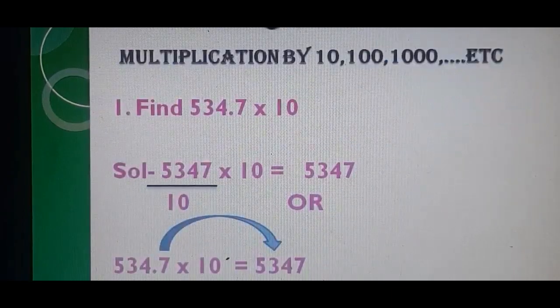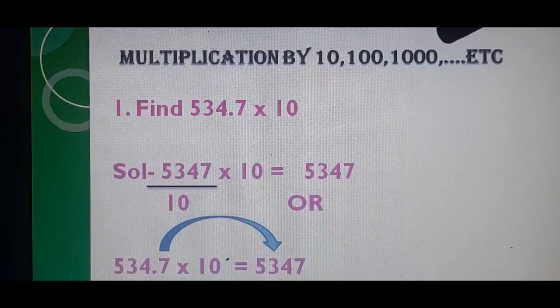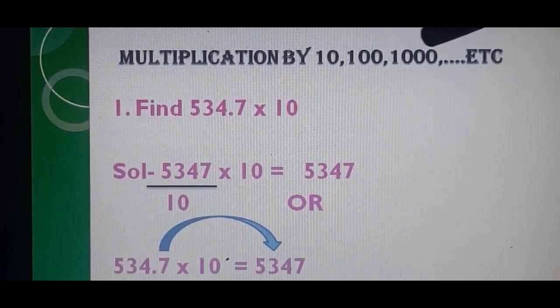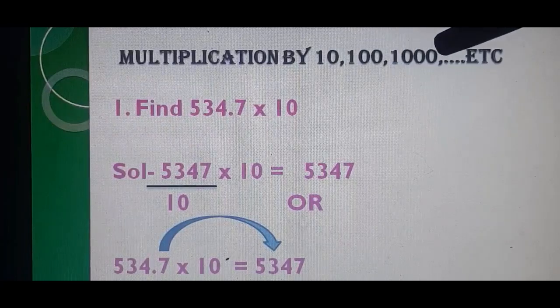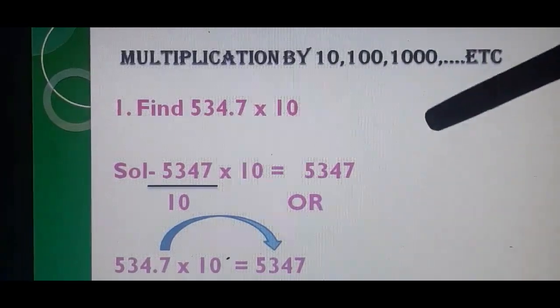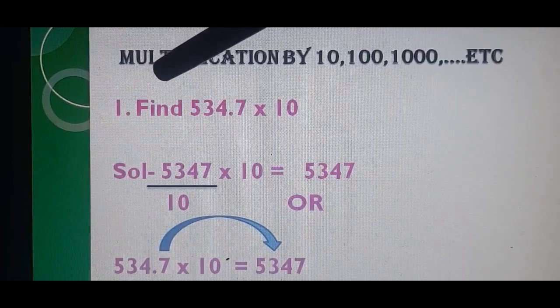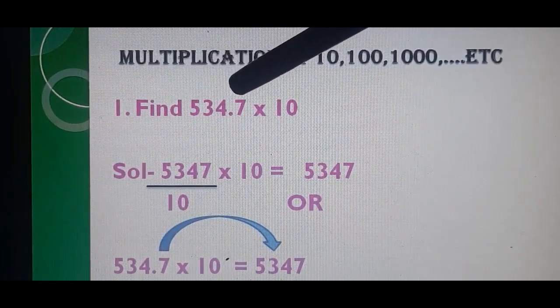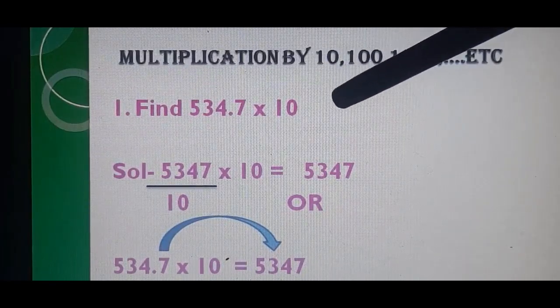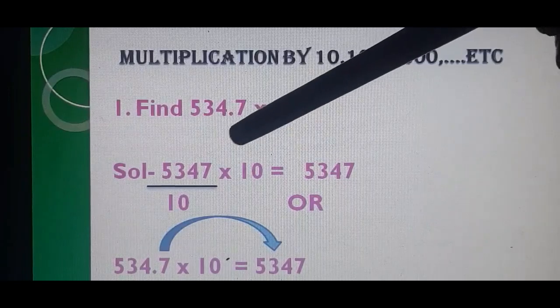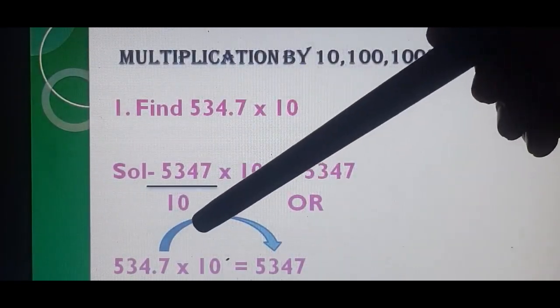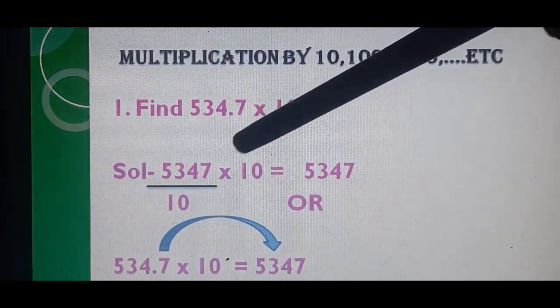Now next is multiplication by 10, 100, 1000, etc. When we multiply with 10, 100, 1000, we will put directly 0s with the given number to the right side. See this first question. 534.7 multiplied by 10. When we are removing this decimal, denominator will become 10 because after decimal there is one digit.